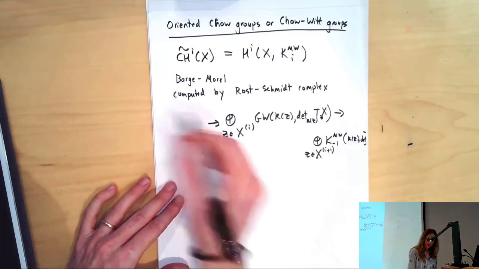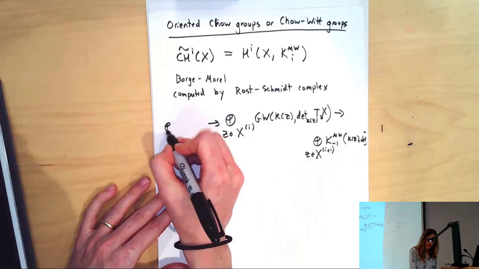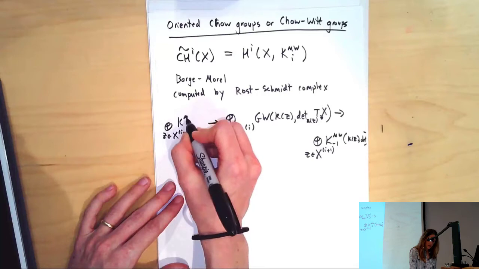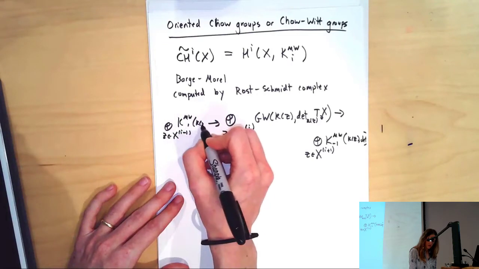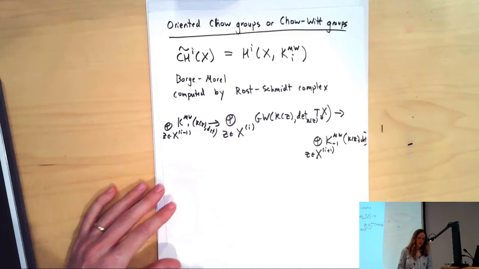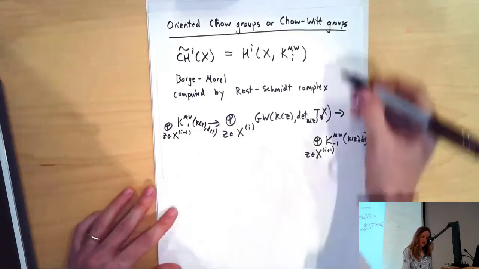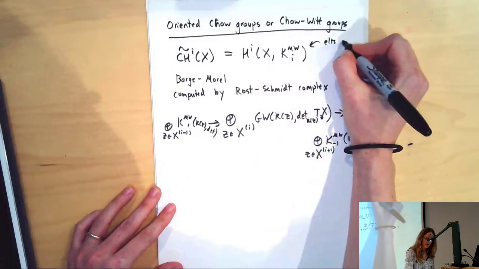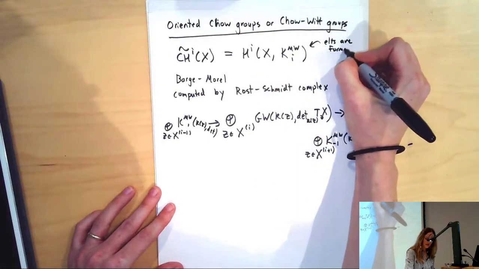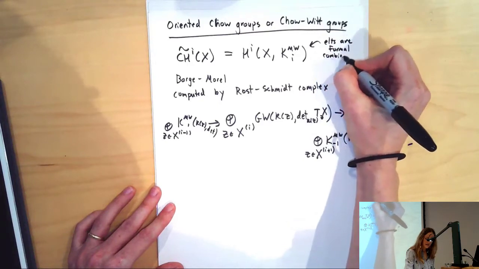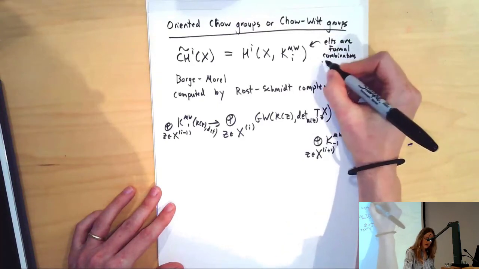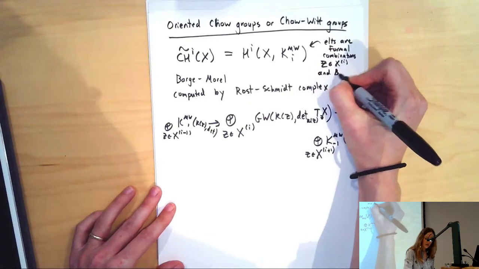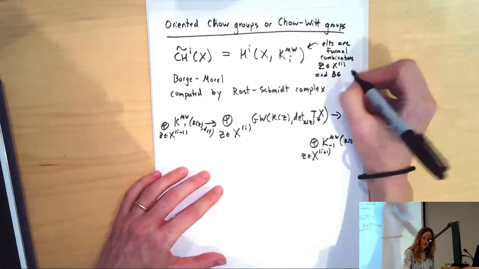And it gets hit from the analogous thing with K of 1 and Z and X I minus 1. Elements from that, we get that elements of oriented Chow are formal combinations of a subvariety of codimension I and a bilinear form over K of Z.